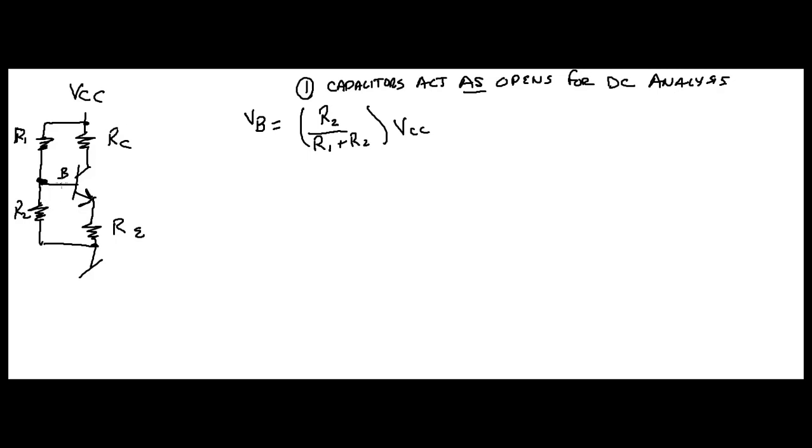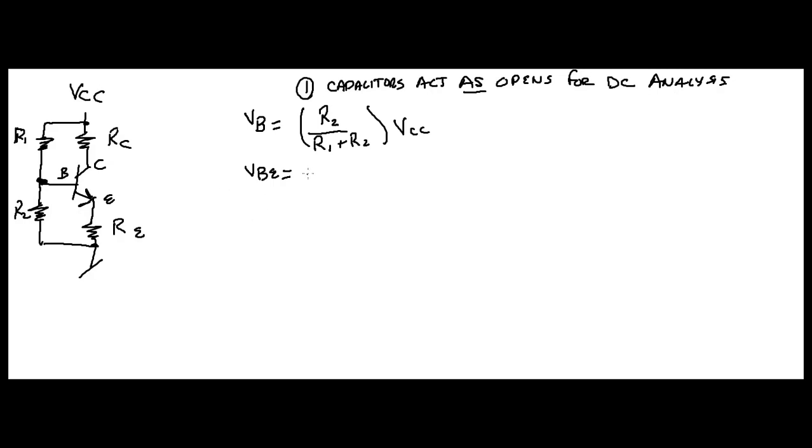Now, once you know your voltage at your base, and remember, this is your emitter, and this is your collector. That's your base, right? So, remember, the voltage drop between your base and emitter, that's termed VBE. That is a constant, and that depends on the transistor you're using.